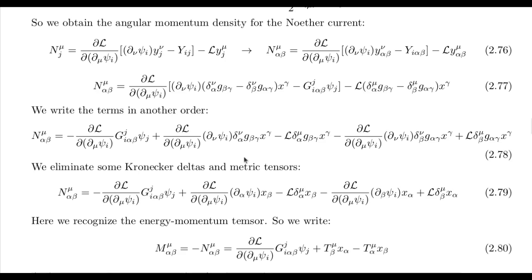So here this Kronecker delta means we have, instead of this nu, an alpha index, or this G means we have, instead of this contravariant gamma, now a covariant beta. That is what we find here. And so on. And so we have got here this expression 279 for the Noether tensor.